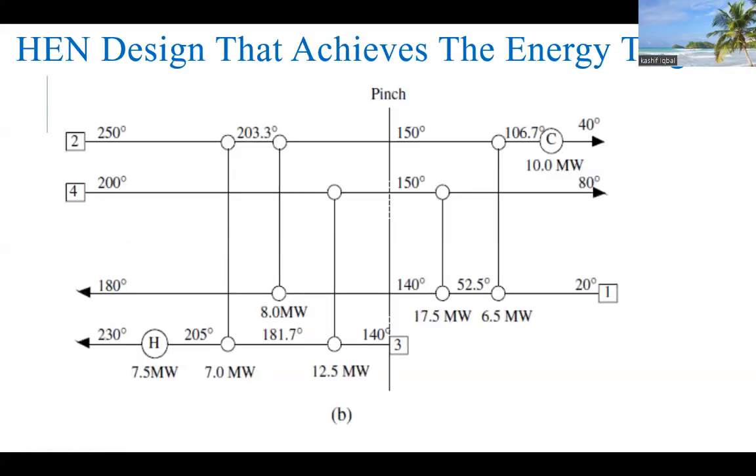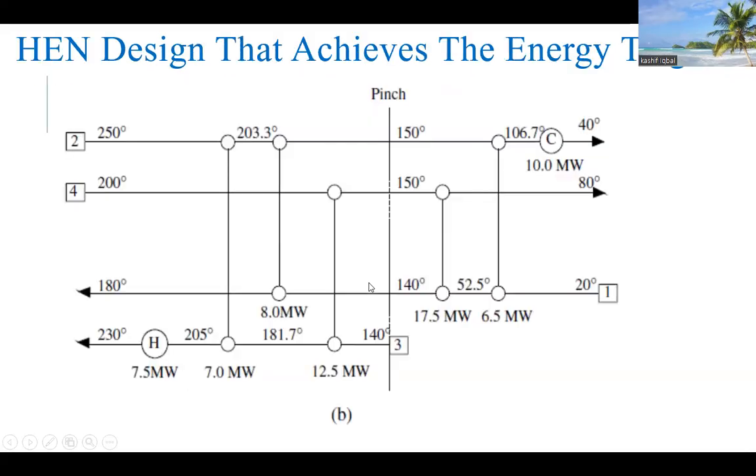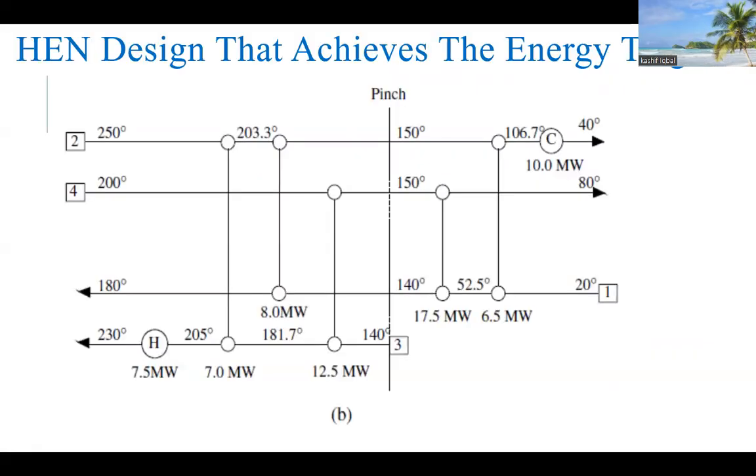So when we define the pinch point, the above and below pinch regions, and hot utility and cold utility, on this basis we will draw a heat exchanger network in which we exchange heat between the streams. We will check all these things in the next lecture, where we will define the problem table method first, and then we will make this heat exchanger network.